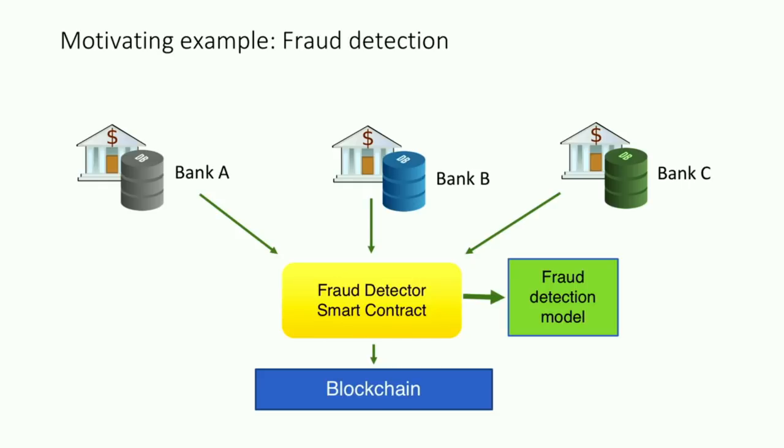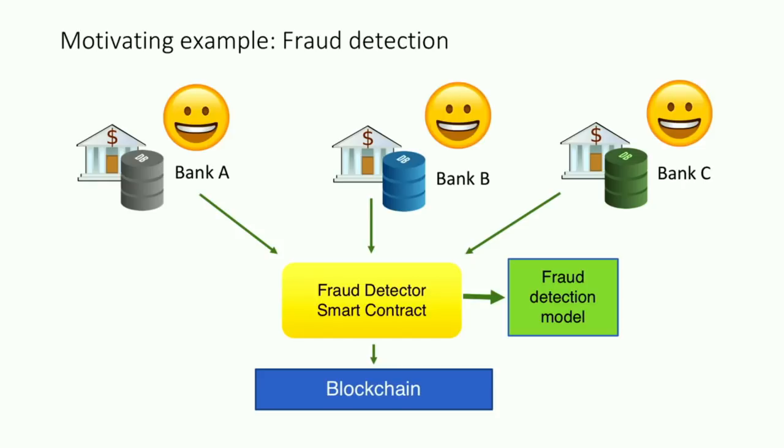And together, using the data from these different sources, the fraud detector smart contract can train a fraud detection model. Hopefully this model, trained using data from different banks, can be much more effective and can really help each bank deal with fraud much better.